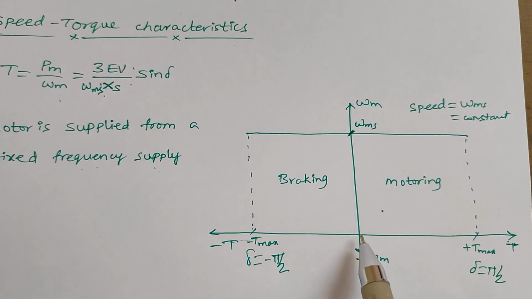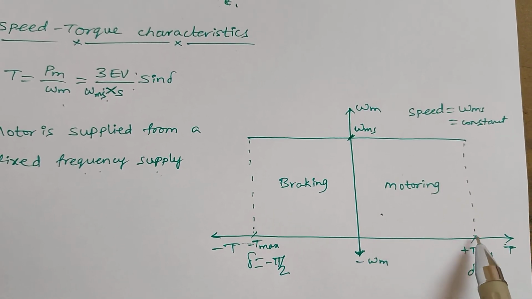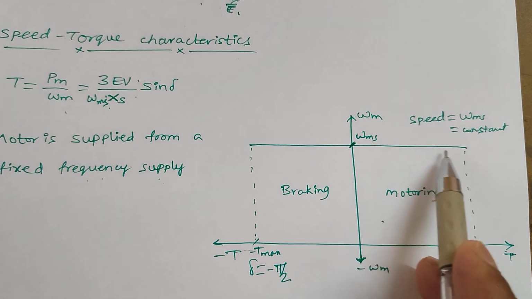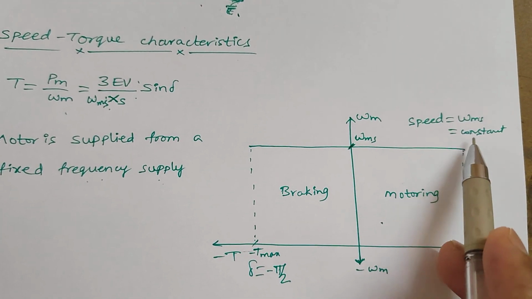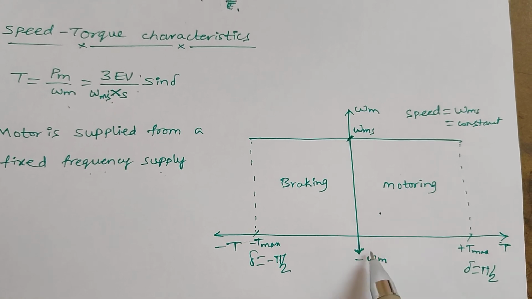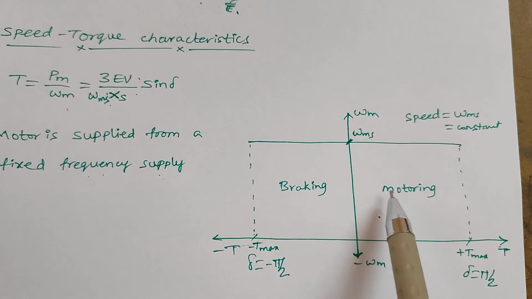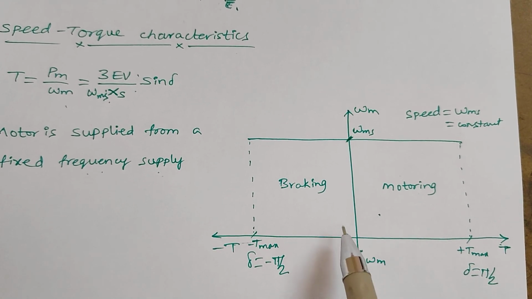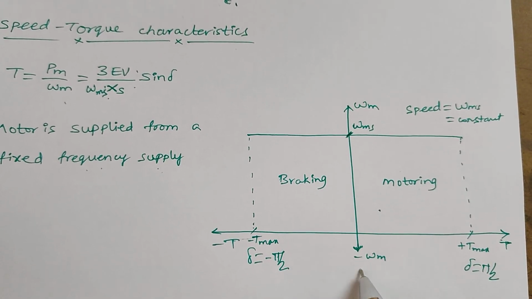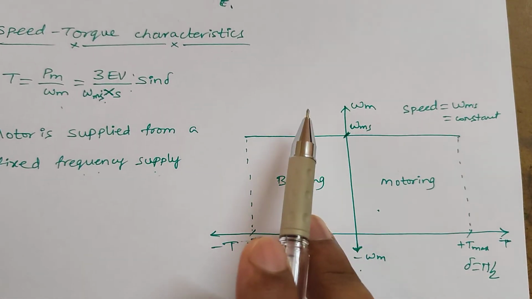By changing the torque angle, your torque can be increased, but your speed is constant, because this is a constant speed drive. In the motoring mode, by varying the load angle from 0 to pi by 2 we get the motoring characteristics. By varying the load angle from 0 to minus pi by 2 we get the braking characteristics. So this is the speed torque characteristics.